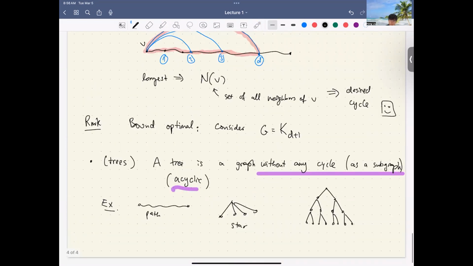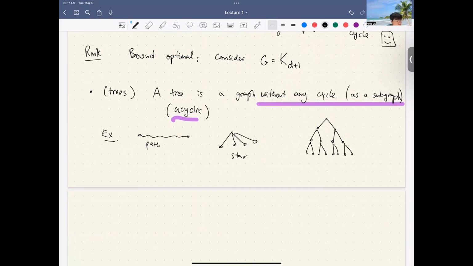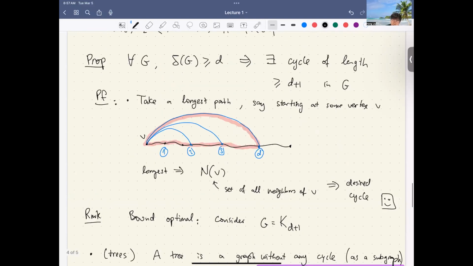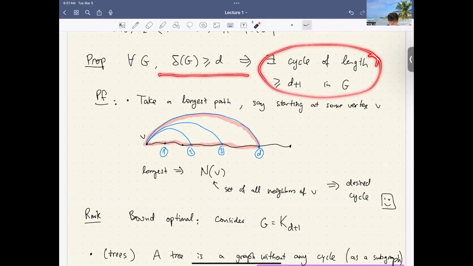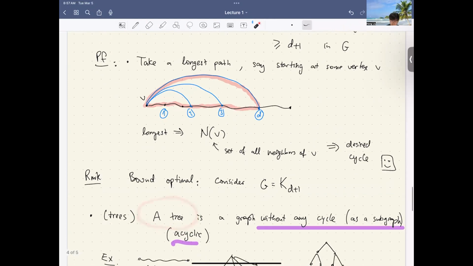So here's the exercise for you to try to get more familiar. We've seen sufficient conditions guaranteeing existence of a cycle. So let's try to do something like sufficient conditions guaranteeing existence of a tree. Okay.